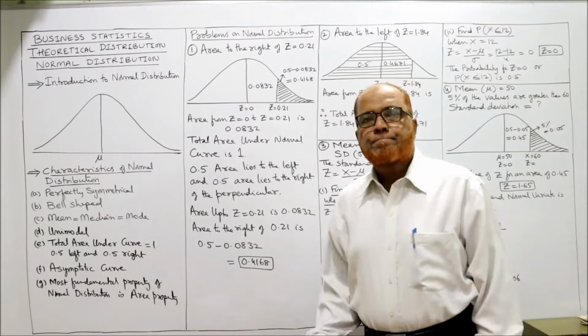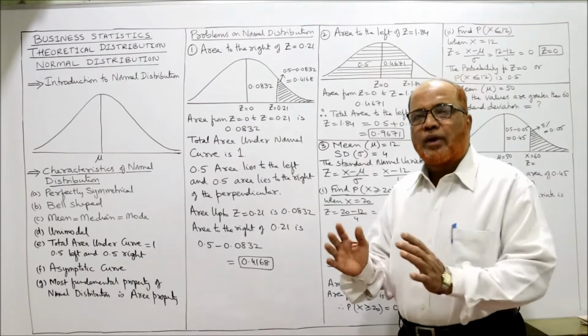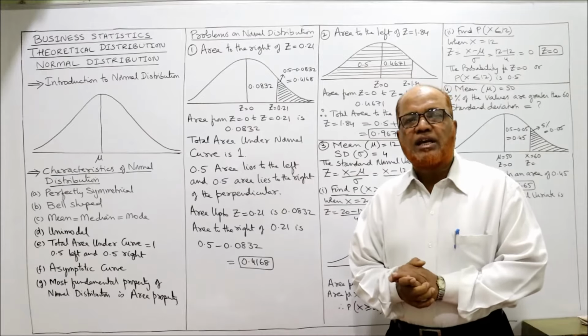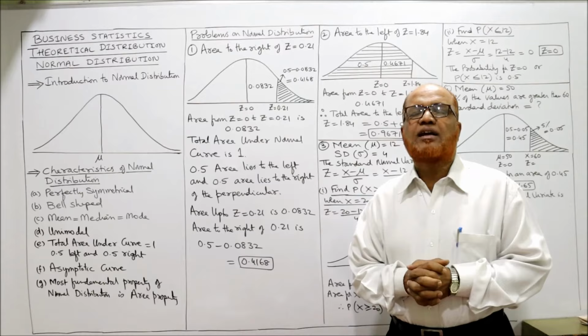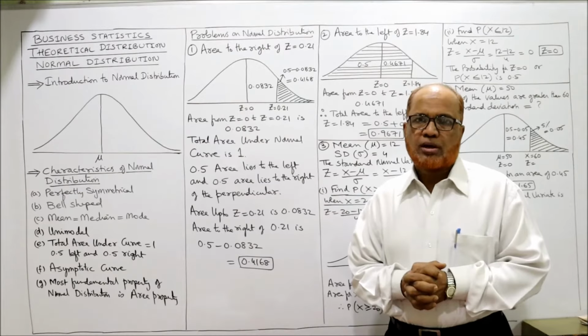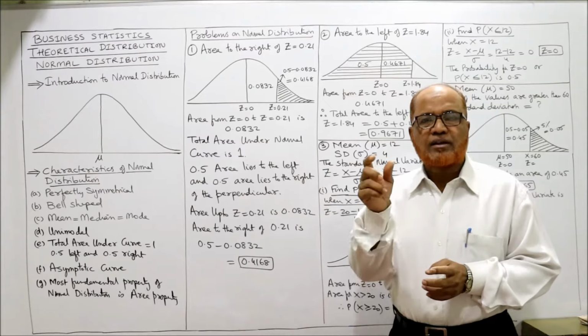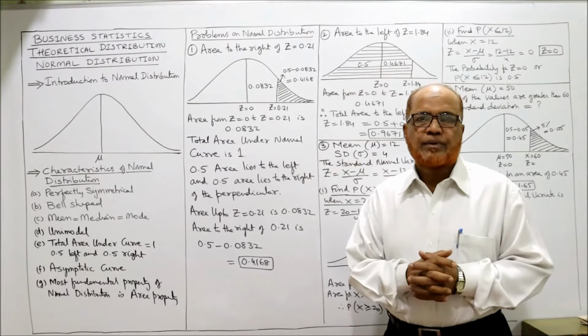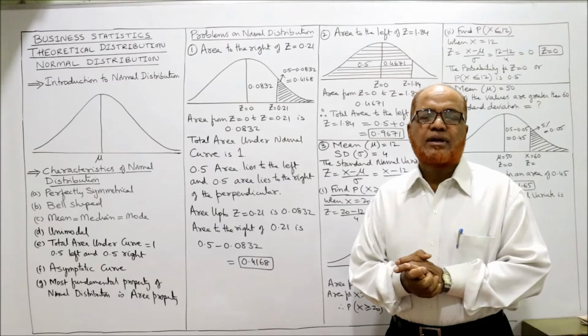Now see, for doing the problems of normal distribution, we need an area table. Again, the area table you can find in any of the textbooks, and you can also get it from the net. Just search for the normal distribution table. So take a copy, a printout of the normal area table.